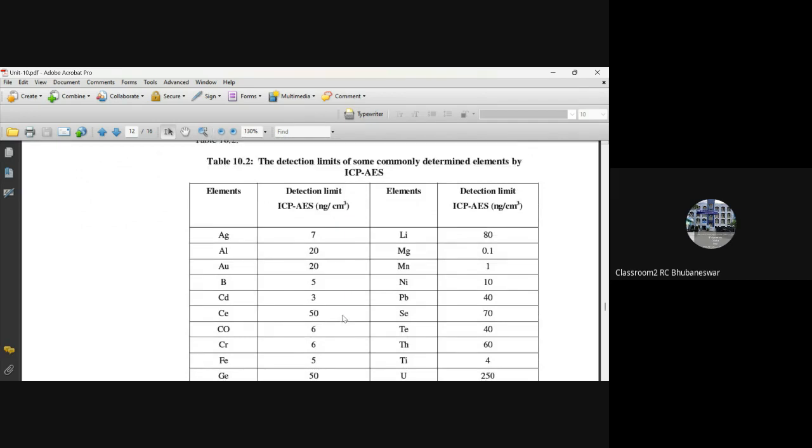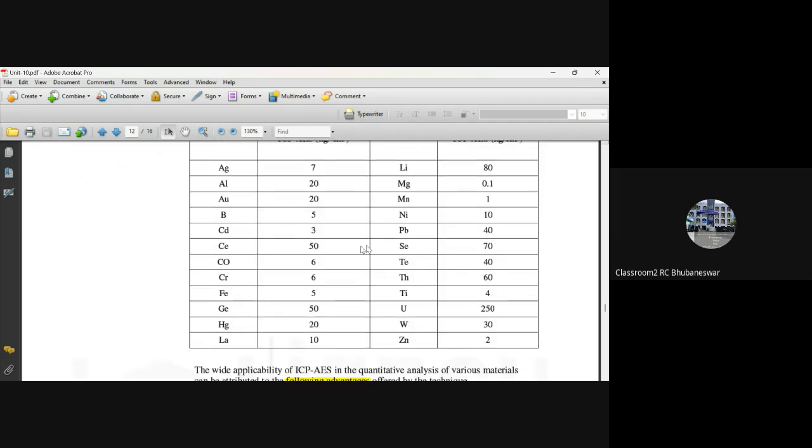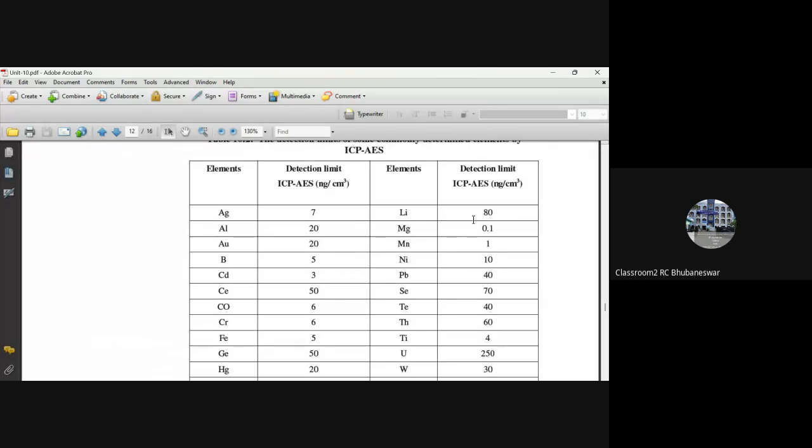Now you can see that by using this ICP-AES, you can study these many elements. But you have to see the detection limit. The detection limit for lithium is this much nanogram per centimeter cube, but in another technique you have to check it.